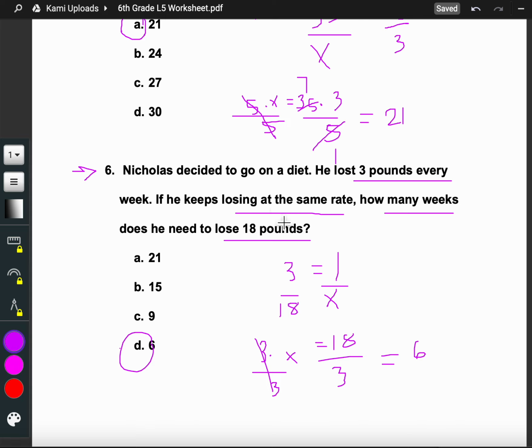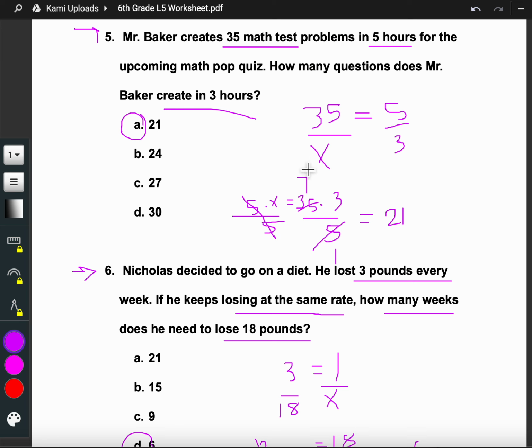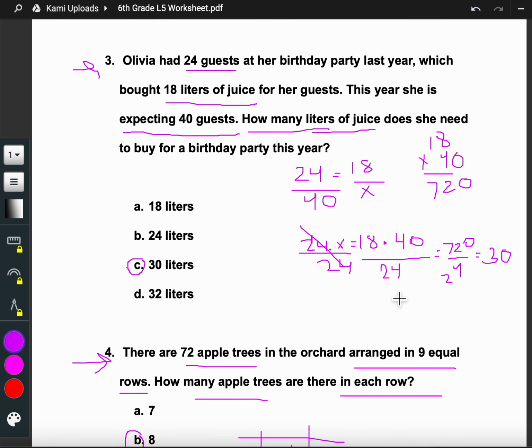Okay, now this is just a simpler way. For these type of problems, for example, for number 3, if you don't automatically know if a certain number is exactly divisible, you can start out by 2. So 24 is divisible by 2, that's 12. 18 is divisible by 2, that's 9. Oh, it can still be divided.